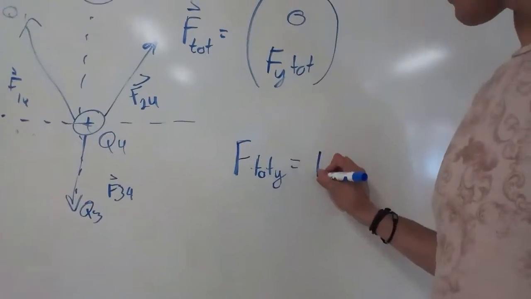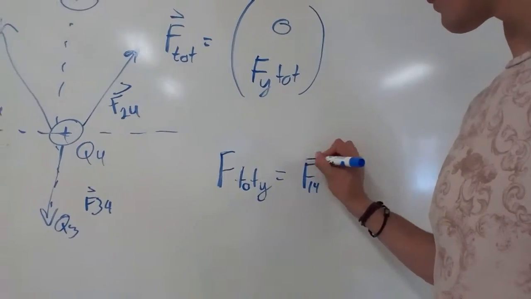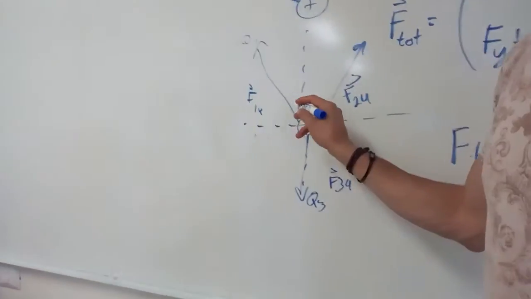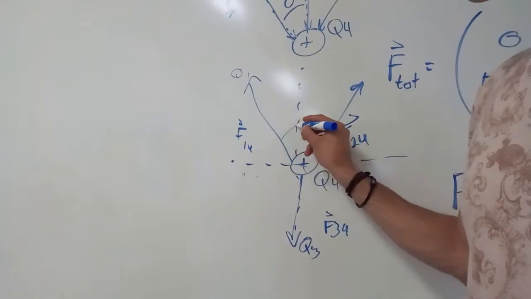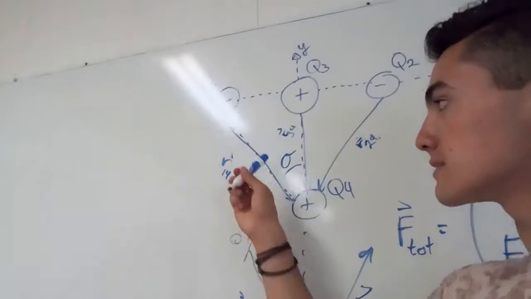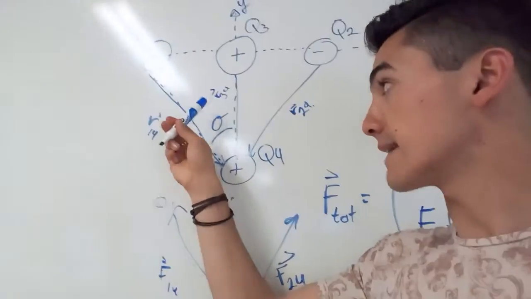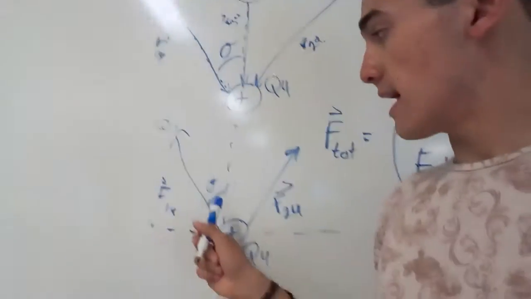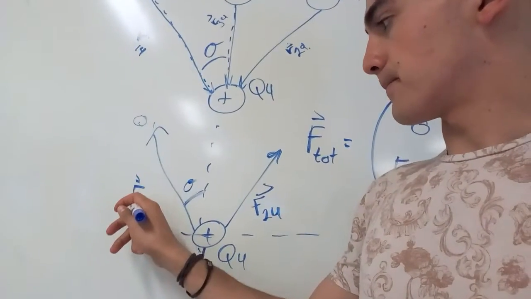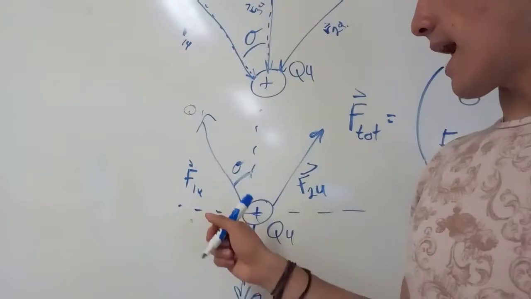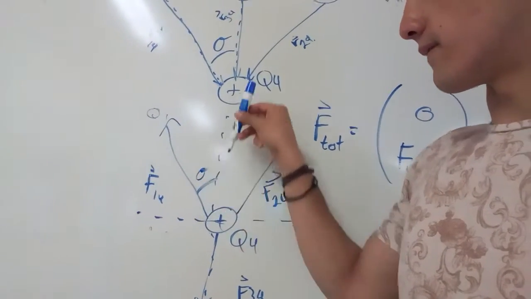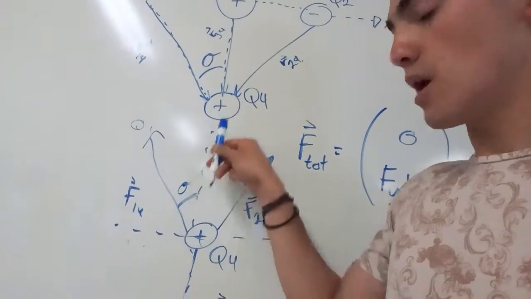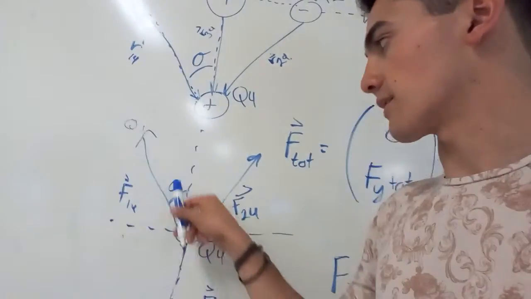So we will have the force of 1 to 4 multiplied by the angle, that is exactly the same as here. Okay, this is the angle. And as we are talking of the y-axis, and we have theta here, we are talking of the cosine of theta.